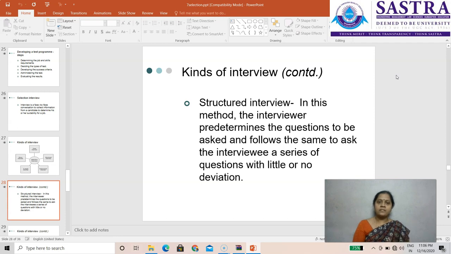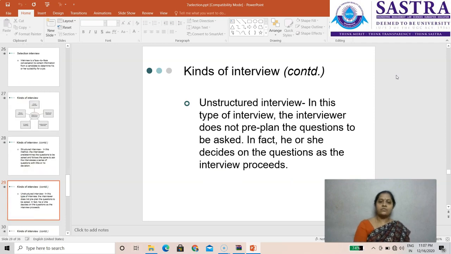Since it ensures uniformity in the interview process, it is very easy to compare the candidates' answers, and that is an advantage of this structured interview. It also enjoys better validity and reliability when compared with other interview types. So here in this structured interview, we have these many advantages.